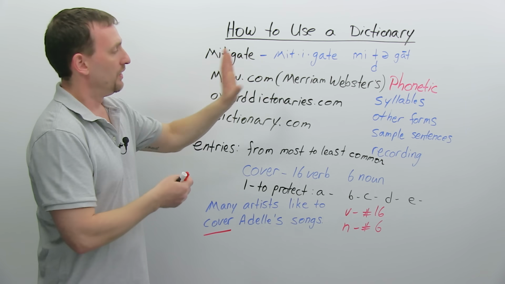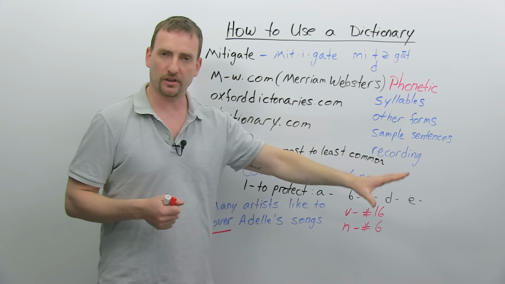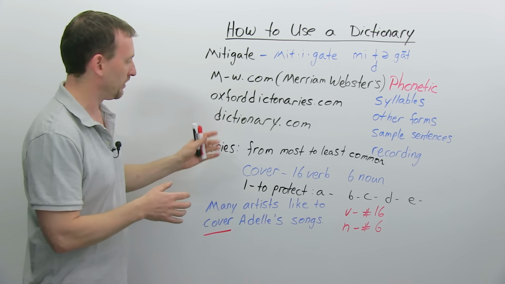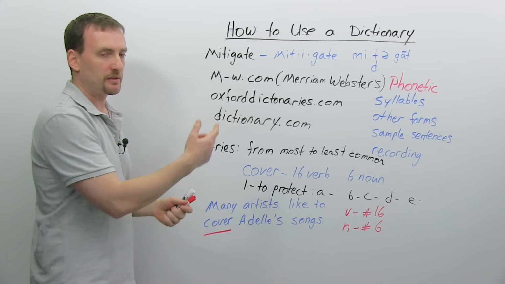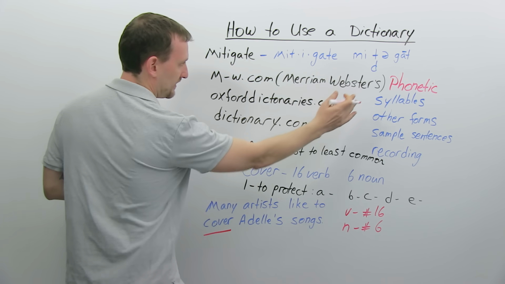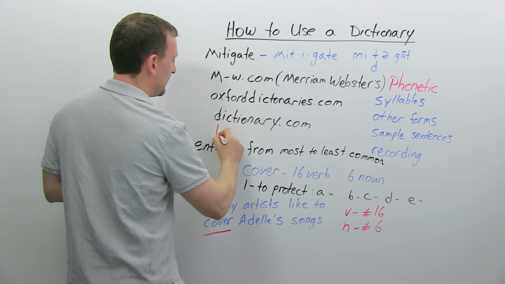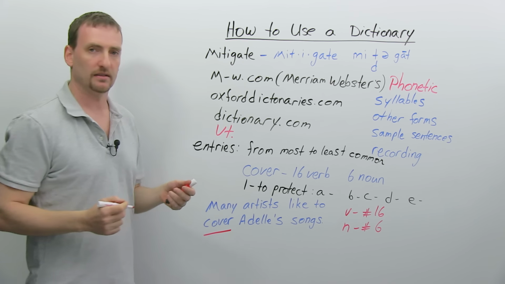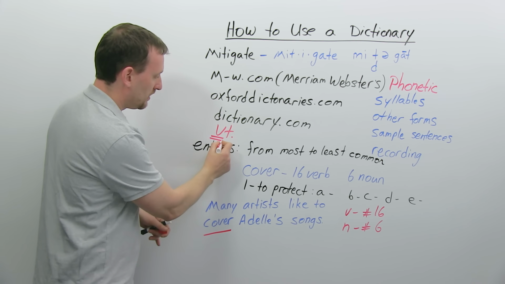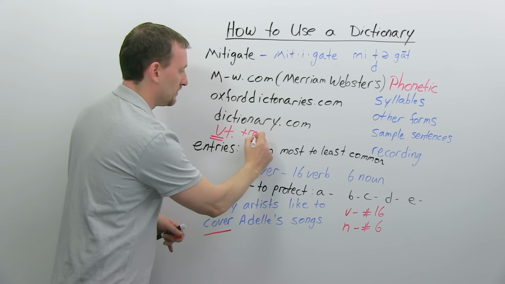So now, we have the reasons to use the book, we have the reasons to use online. Now, what are you going to see when you get to the book? You're going to see multiple entries, but before that, you're going to see the phonetic spelling, and then you might see something like this. What does this mean? It means verb, transitive.